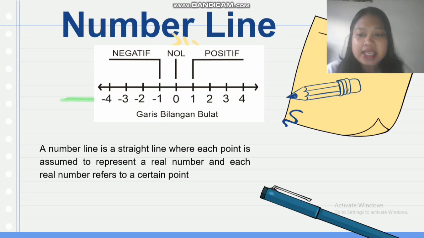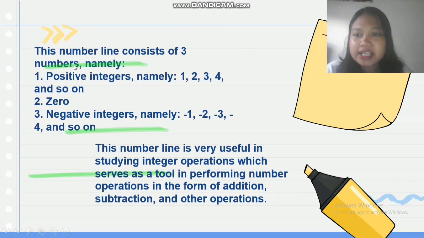A number line is a straight line where each point is assumed to represent a real number and each real number refers to a certain point. This number line consists of three kinds of numbers, namely positive integers, namely 1, 2, 3, 4, and so on, 0, and negative integers, namely negative 1, negative 2, negative 3, negative 4, and so on.